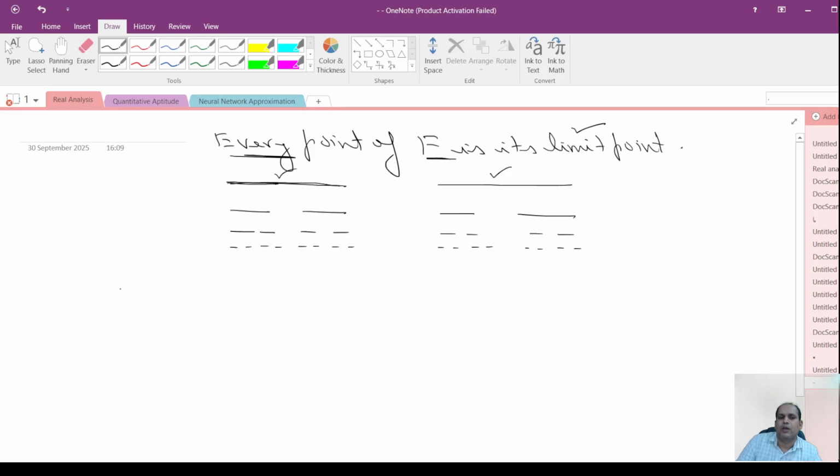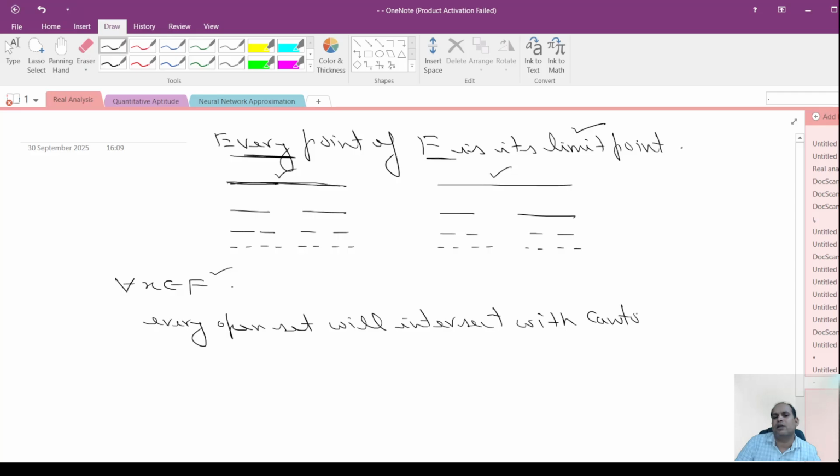So for every x belonging to this Cantor set, limit point means every neighborhood, every open set, which is either an interval or a union of intervals, every open interval, every open set will intersect the Cantor set. This is the reason why every member of the Cantor set is a limit point.